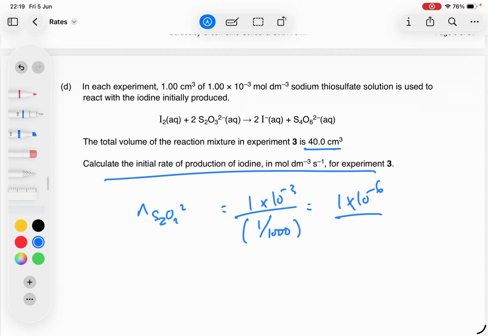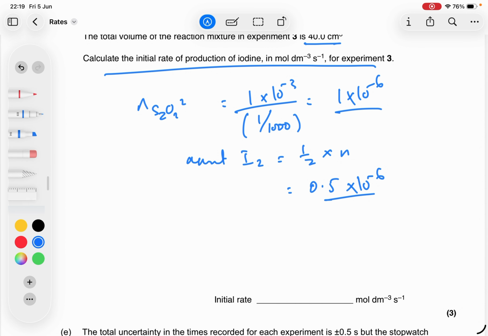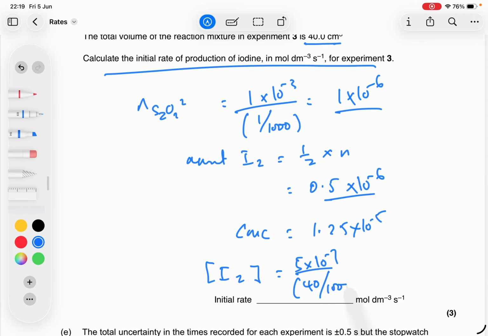And then you would say the amount of iodine is half of that, which is 0.5 times 10 to the minus 6. At this stage, don't worry about that. And then you will say that the concentration then will be moles times volume, so that will come to 1.25 times 10 to the minus 5, and then you just work out the concentration of iodine, which will be the moles of iodine divided by total volume over 1,000.